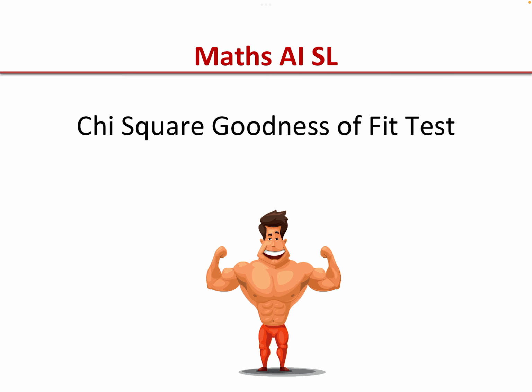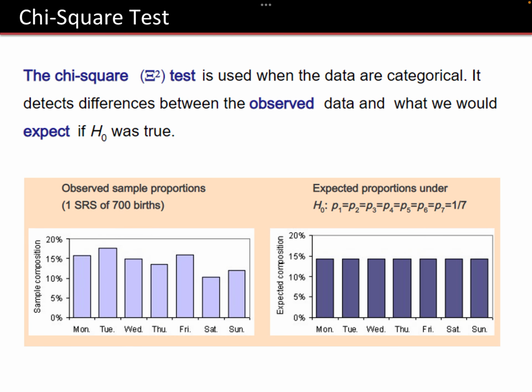So we're going to start looking at what a goodness of fit test will look like. Now, typically the concept of the chi-square is very similar for both the independence and the goodness of fit test.